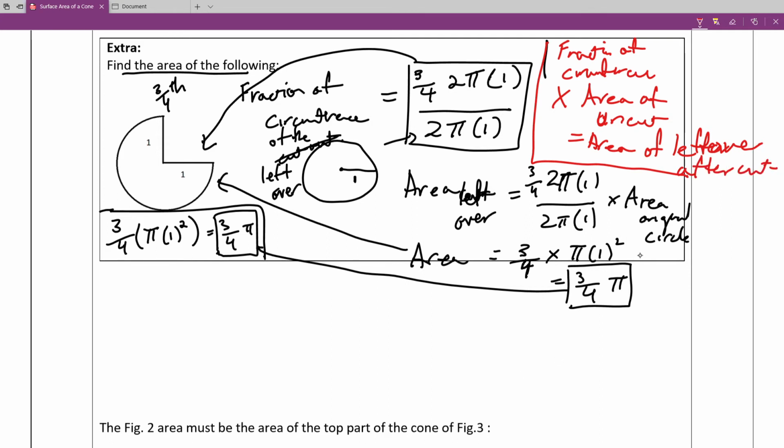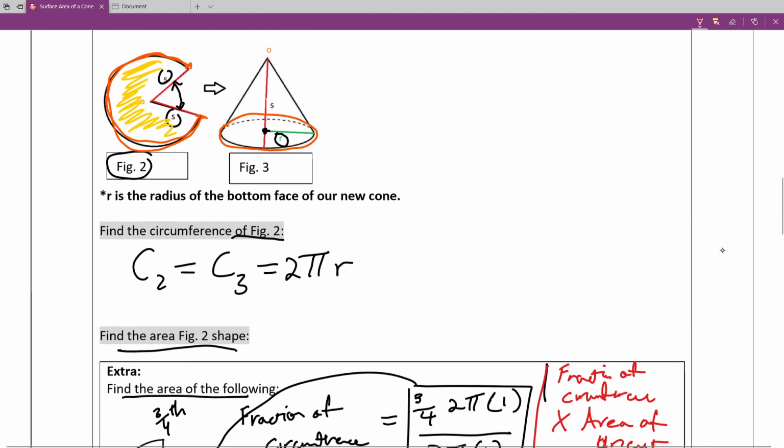Okay, so that's exactly what we're going to do to find the area of this figure 2, this shape right here.